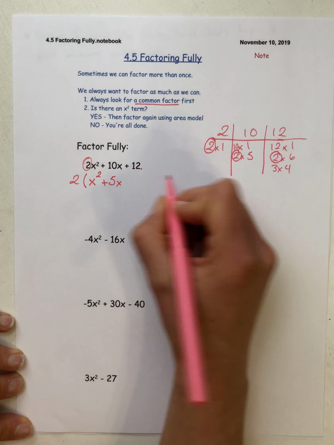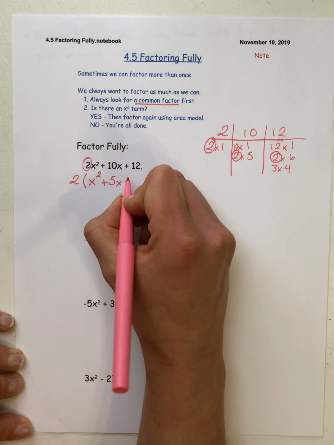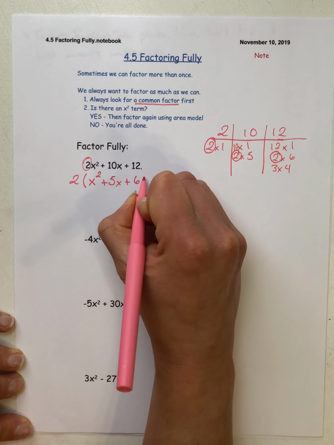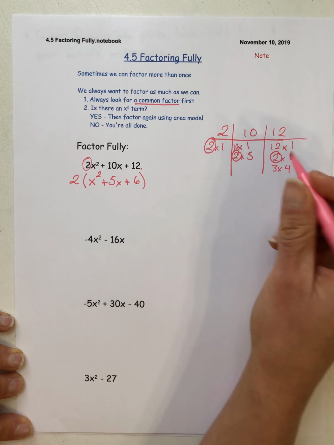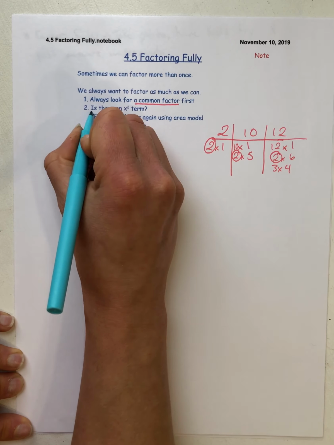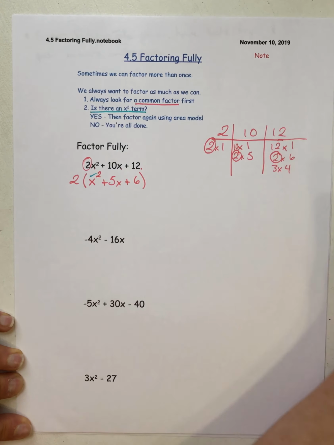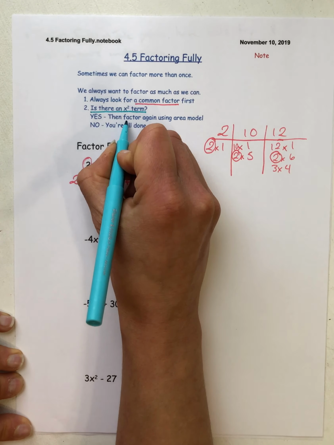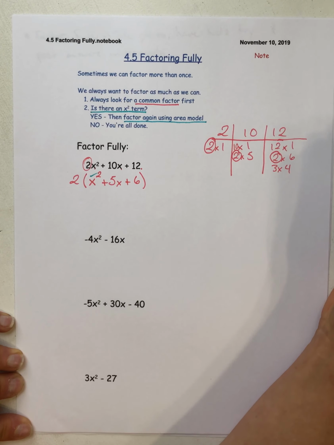And we have our x. And 12 divided by 2 is 6. Okay, so now we need to take a look. Is there an x squared term? Yep, there is an x squared term. So we need to factor again using our window method.